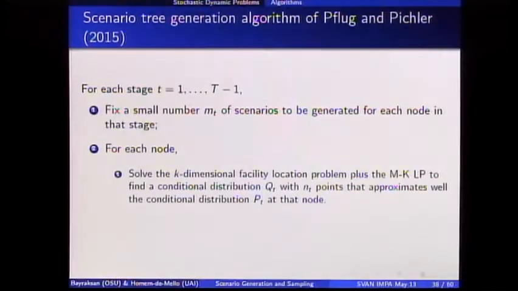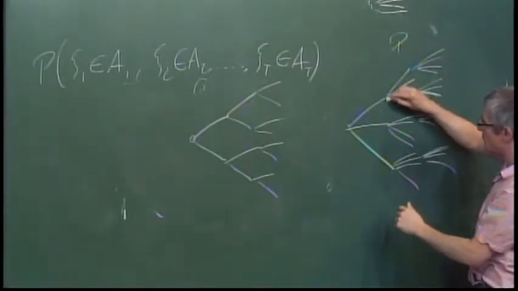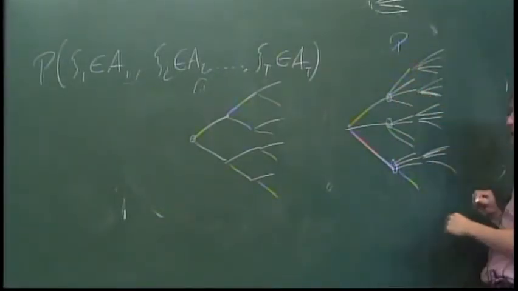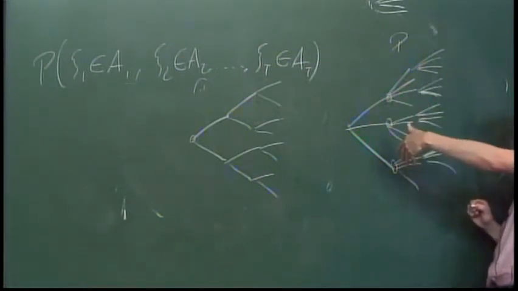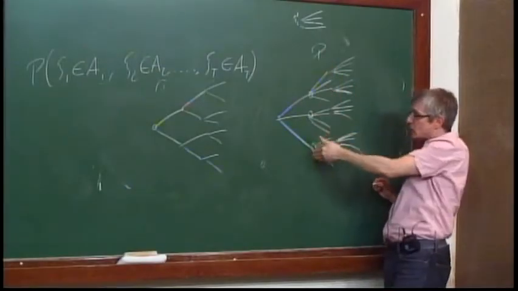So how does this work? It says, okay, fix the number of children, in this case 2. We only have 2 children per node. And then what we're going to do is solve the facility location problem. I'm going to look at all possibilities that I have from my original tree, maybe many here. Solve the facility location problem.